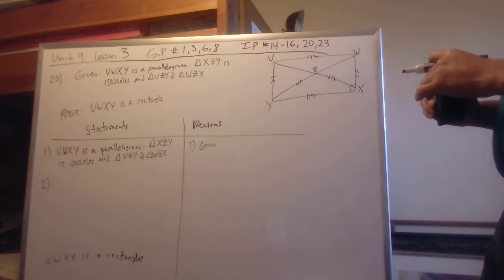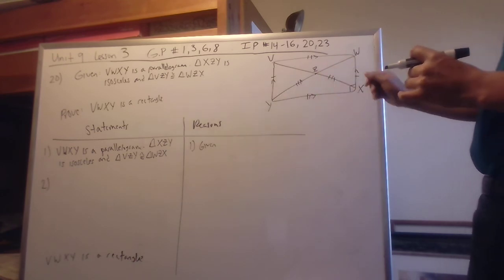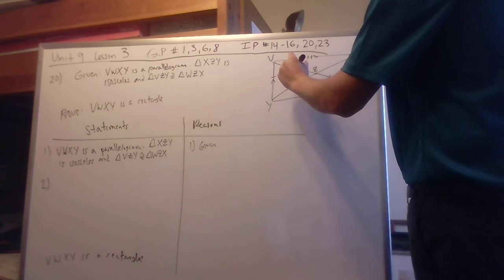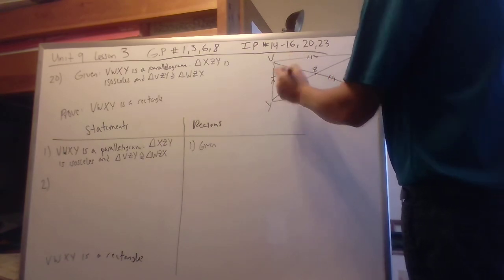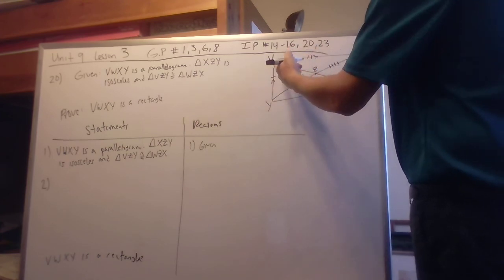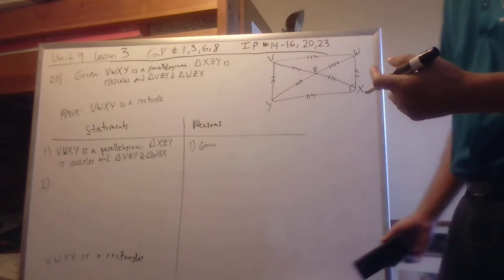And we know that VZY is congruent to WZX. So these two triangles are congruent, which means they have congruent parts. So again, VZ and WZ are congruent.